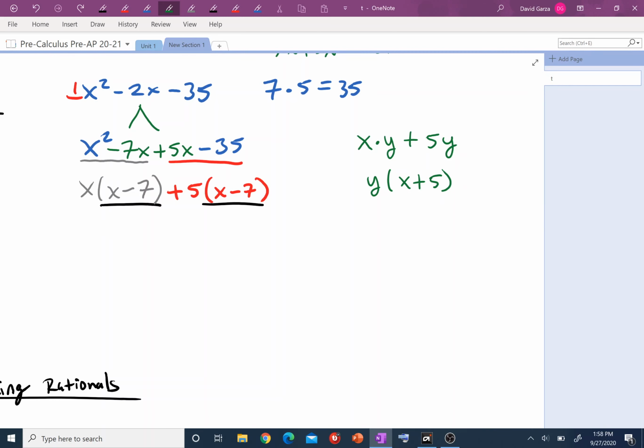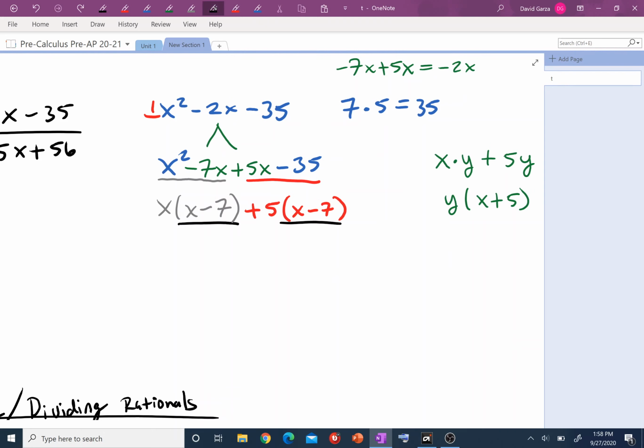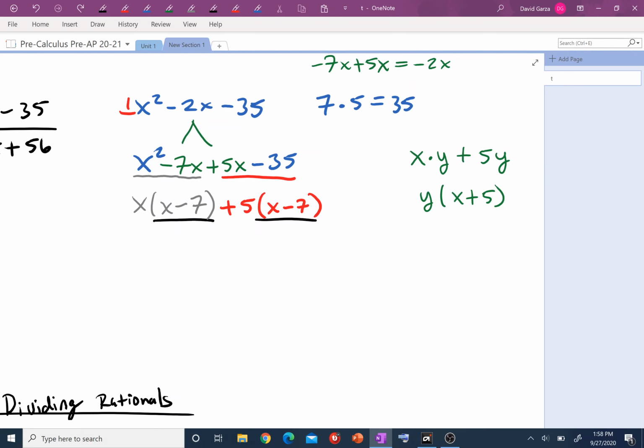We don't know what x is, but it's something, and we can treat it the same. So all we're doing is the same exact thing that we were doing before, which is we're just going to factor out that thing that I wrote in black, x minus 7. So I have x minus 7, okay? And then I have x plus 5. That's what's left, right? And if you use the example that I have on the left, it's kind of like saying y times x plus 5, right? Hopefully that makes a little bit of sense here.